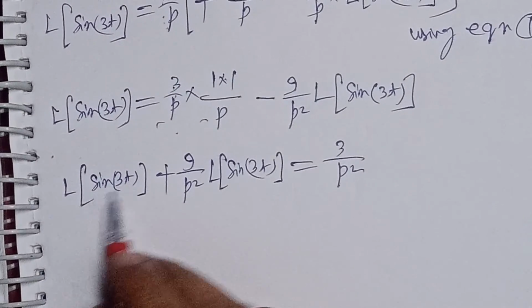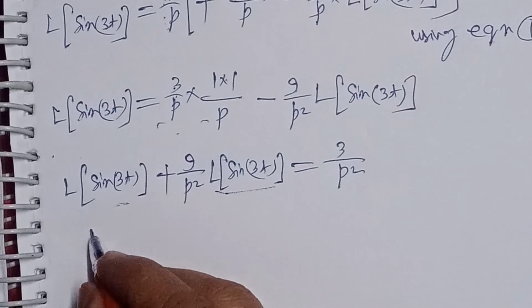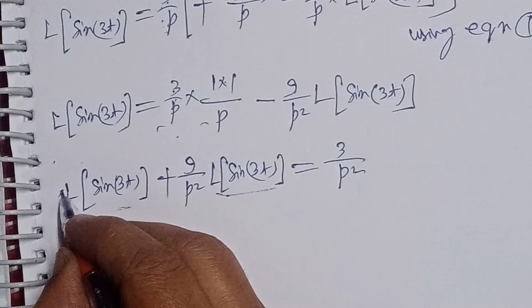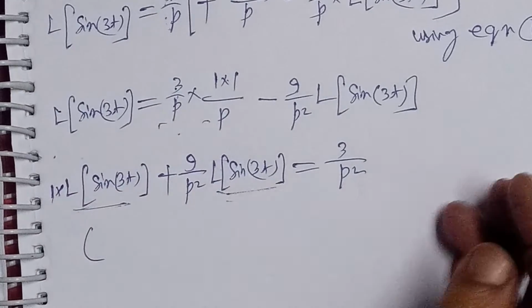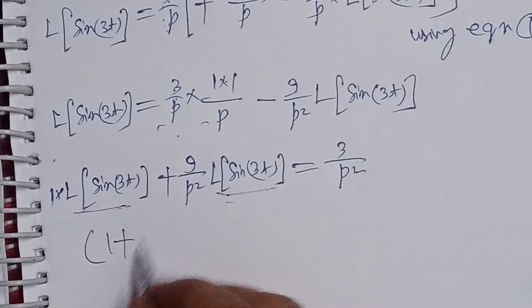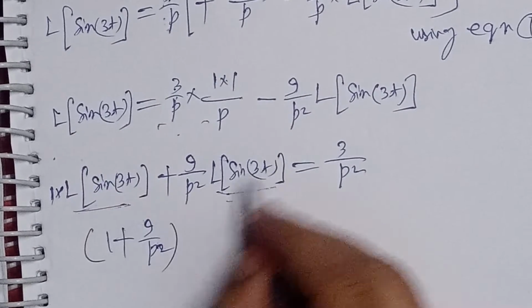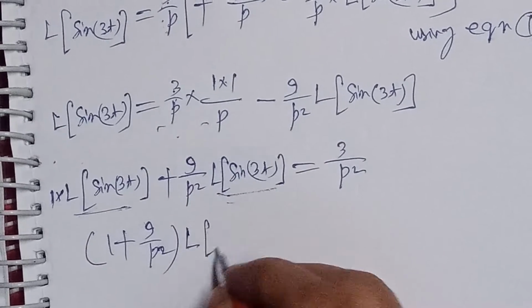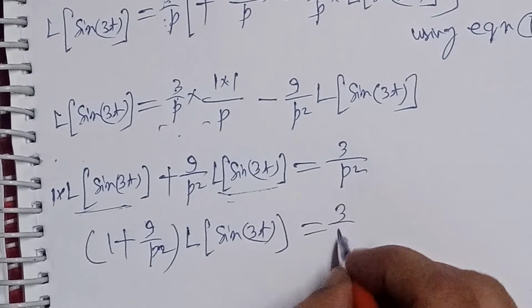We can take out the common factor on the left hand side, and considering the one here as a multiple, after taking it out we get 1 plus 9 upon p square, because I can take it out common from this bracket. Laplace of sin 3t is equal to 3 upon p square.